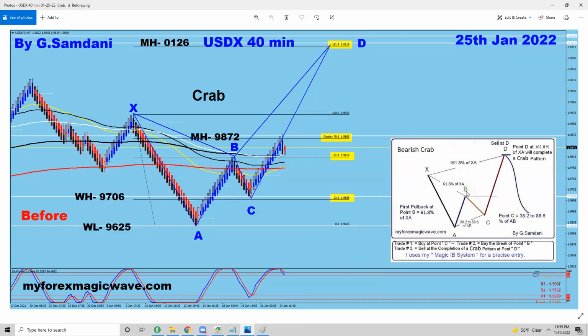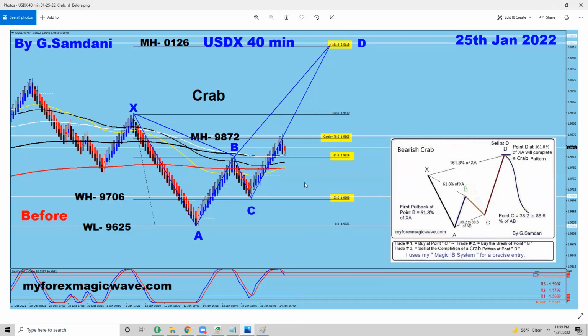On XA, it's supposed to be 61.8% here, then anywhere in between A and B, ideally the 23% line, which was this, and then it goes to 161%, finishing up a crab pattern, and after that it's supposed to drop, right?